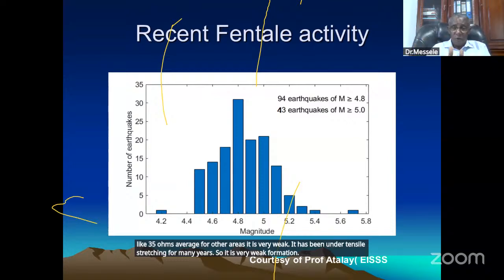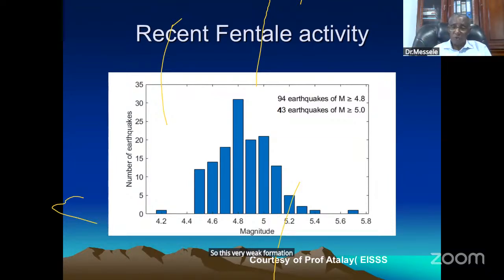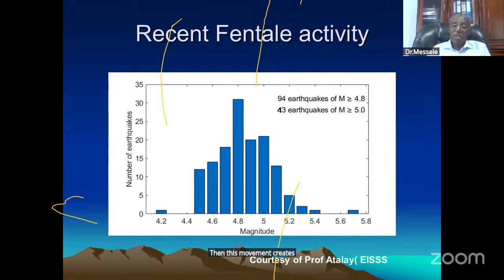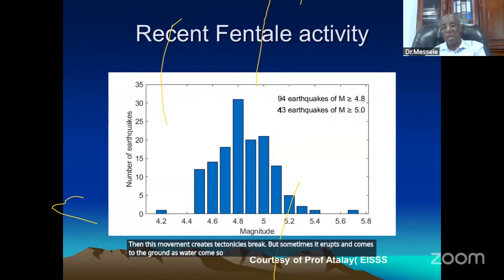In this weak formation, the asthenosphere, which is molten magma, is always moving, of course. The tectonic earthquake occurs due to this movement in the asthenosphere, which is semi-solid and melts to magma with a lot of temperature and pressure. This movement creates tectonic earthquakes. But sometimes it erupts and comes to the ground as a volcano. So volcanoes and seismic areas coincide, especially in tensile stretching zones. They go side by side.